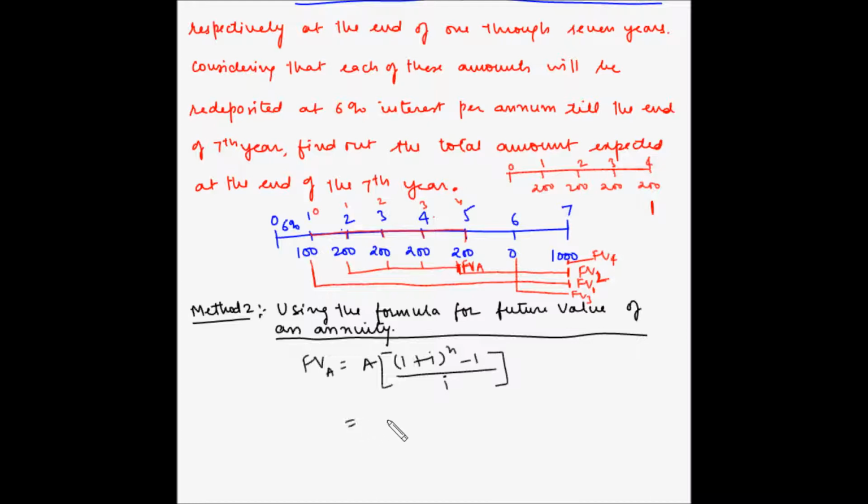So this is equal to, now the annuity amount is 200 rupees. So 200 into 1 plus 0.06, so 1.06. The tenure is 1, 2, 3, 4 years. So 4 minus 1 divided by I, which is 0.06.